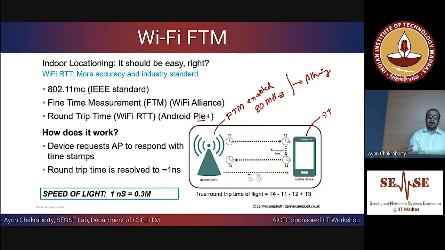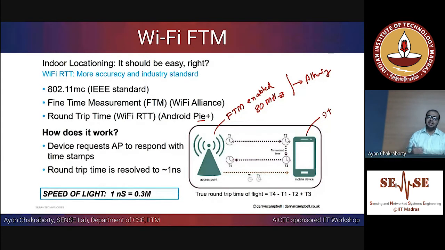So as I told you, Android Pie plus is going to be supported, and you can have applications that are available in order to get such ranges. If you are familiar with the Android development platform, you can simply use these APIs to get these ranges from the access point. Please note that not all access points are going to support that, but some of the access points that are on the higher end, some of the Aruba access points for example, will support that.